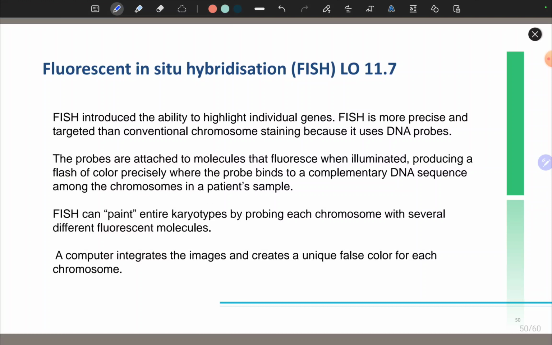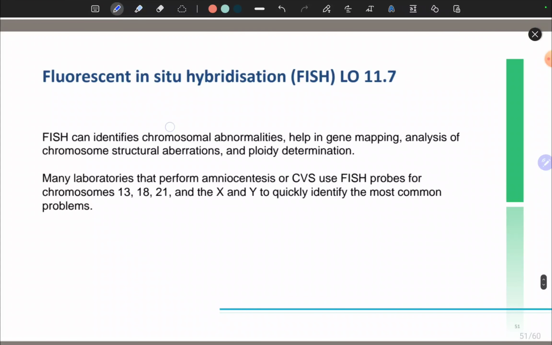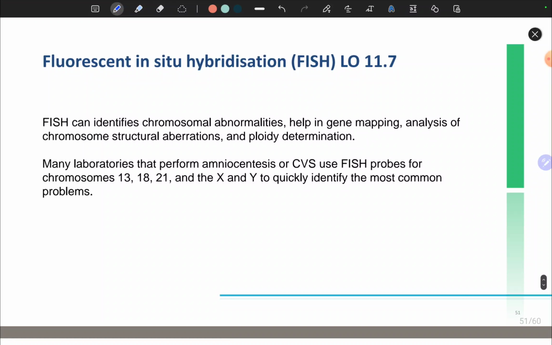So FISH can identify chromosomal abnormalities, help in gene mapping, analysis of chromosomal structures, aberrations, and sex determination.